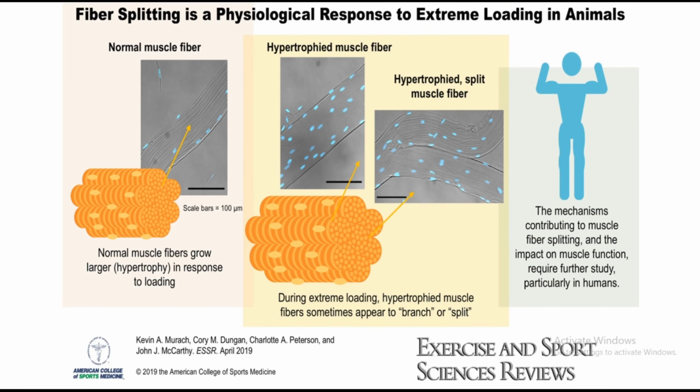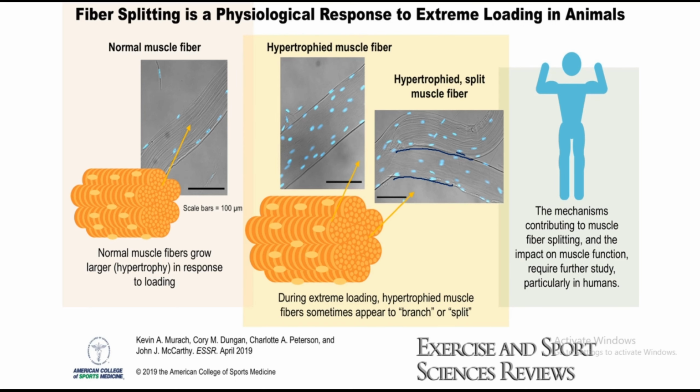And this slide shows splitting of the muscles, the bifurcation of the muscle. In this illustration you can see how the muscle bifurcates, splitting into two. This happens in extremely hypertrophied muscle. Fibers sometimes appear branched or split, and branching and new genesis of the muscle fiber or myofibril is seen in regular training.